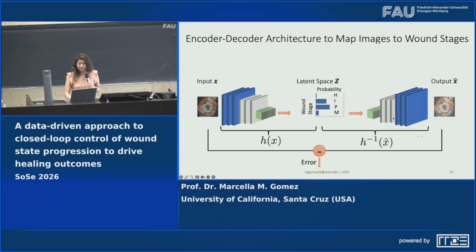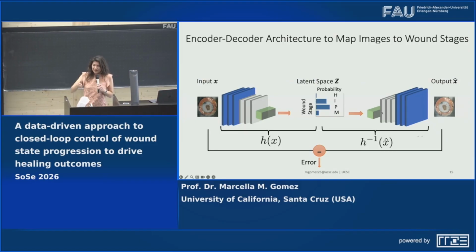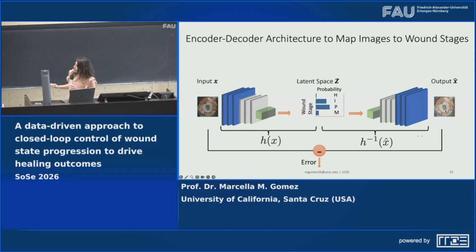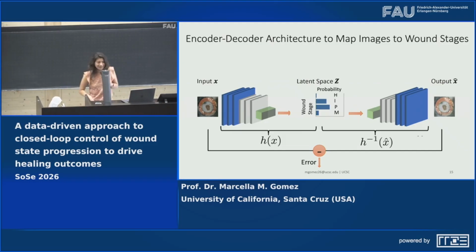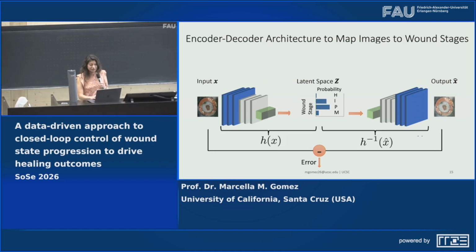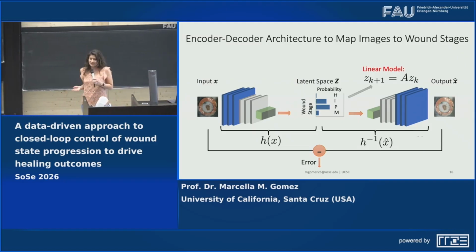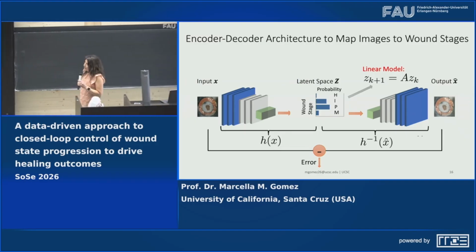Then the decoder mirrors this, mapping the 4-dimensional vector in the latent space back out to an image, right? This image here on the right is generated purely from a vector with 4 numbers. So it's artificially generated by the decoder. But somehow we need to constrain the latent space because we want it to follow some dynamical systems behavior, and that's essentially this linear model.